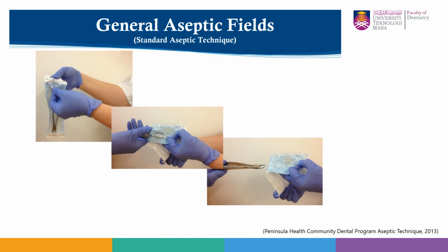So this person is opening without touching the instrument, and when she opens, she will pull these two sides opposite. Once the instrument is exposed, the person doing the procedure will grab the instrument without touching the packaging, and will just touch the instrument and pull it like this. In the photo number 3, the assistant here does not touch the instrument at all. Okay, so that's how we do it.